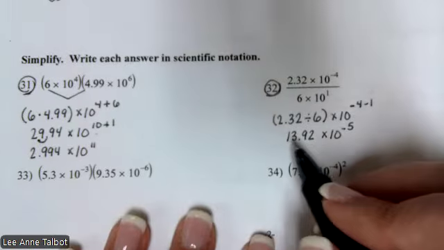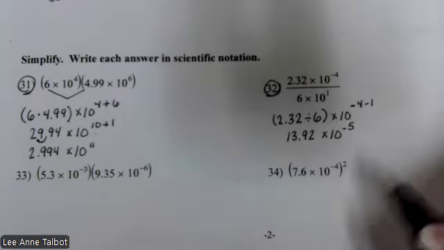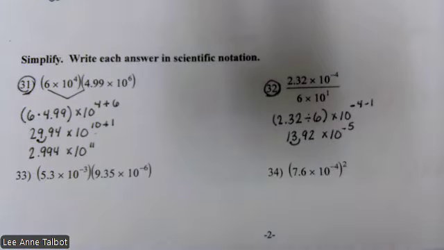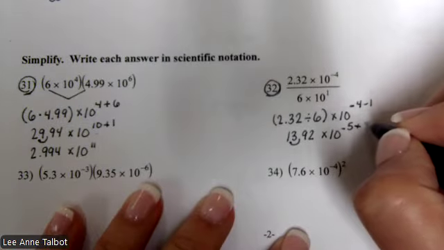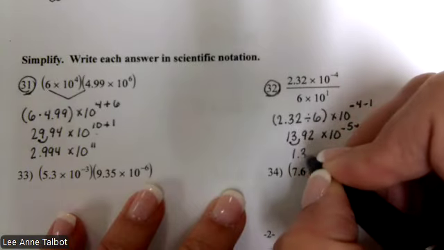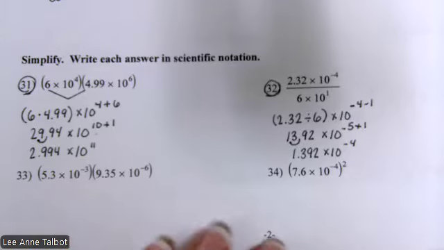Okay, 13.92. Is that proper scientific notation? No, 13's too big. Okay, so I'm going to move it down 1 power of 10. And to balance it out, move this up 1 power of 10. Done.